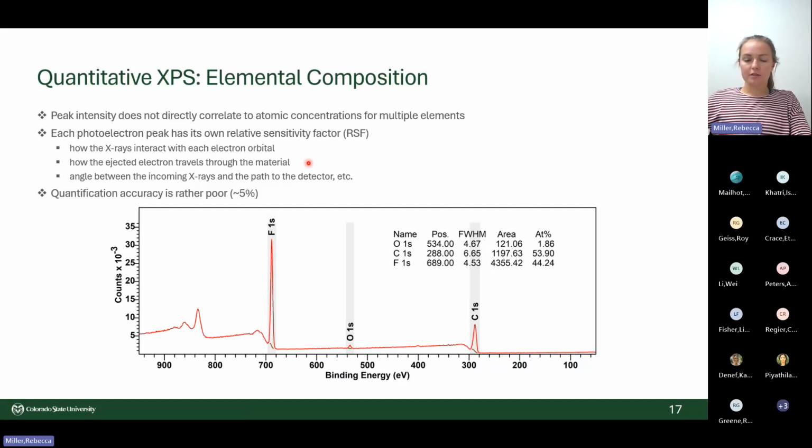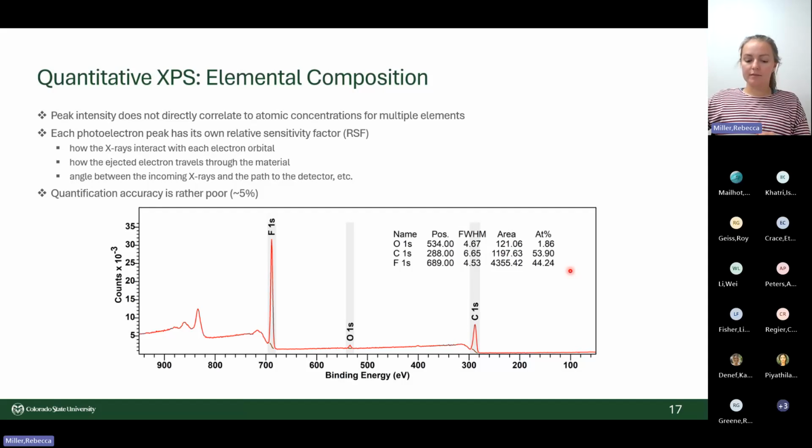How does the electron travel through the material? How likely is it to be scattered? And what the angle is between the incoming X-rays and the path to the detector, as well as a few other aspects. So we have a document from PHI that has these calibration factors for our instrument and for how it's set up, and those should be used for quantification and compositional calculations.